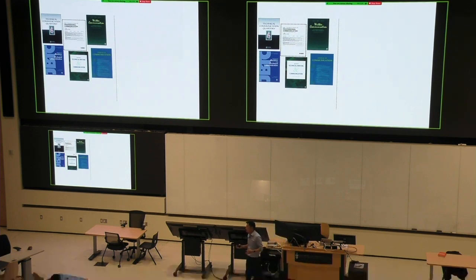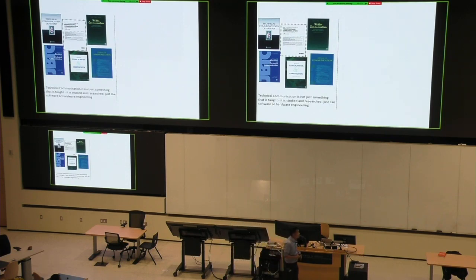One of the things I'm going to talk about today is how what we're going to do here is a little different from that, okay? But I did want to show you that it's going to be informed by research, right? So technical communication is not just something that's taught, it's something that's researched and studied, just like hardware and software engineering, and it's the findings from that research that we hope to translate into the communication practices that you have as an engineer.